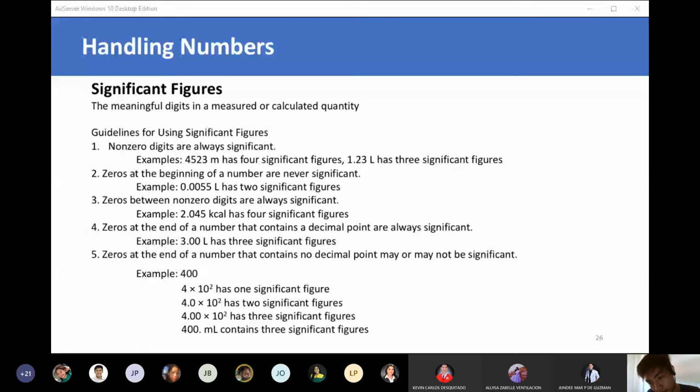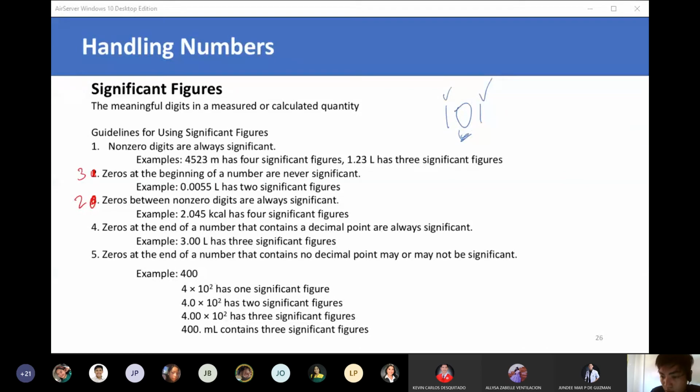Okay, so the next rules are about zeros. Okay, so rule number 2 is that if you have zeros between non-zero digits, you consider them significant. For example, 101, the zero is in between 1 and 1, di ba?